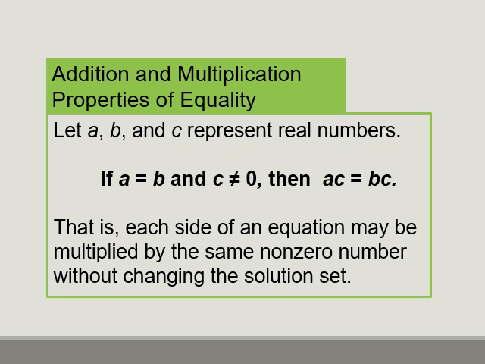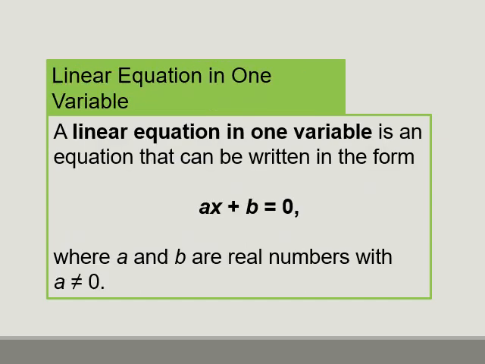If c were a fraction, this would in essence be a division problem. So if a equals b and c is some fraction, then a times c, the same as a divided by c, is equal to b divided by c. So even though this is multiplication, it also does division. Isn't it nice when a rule can do double duty?